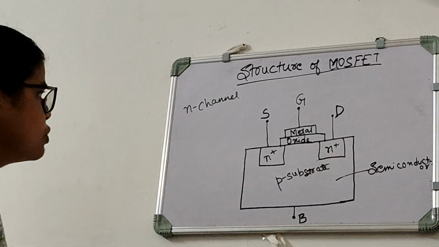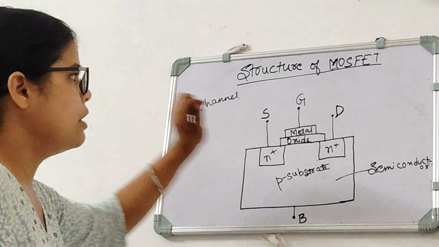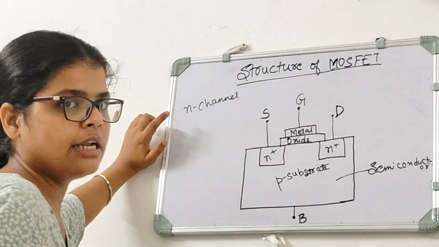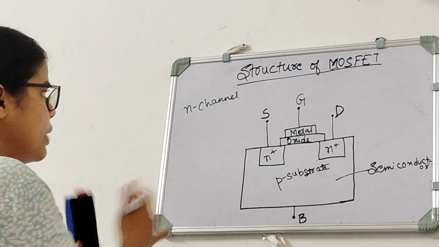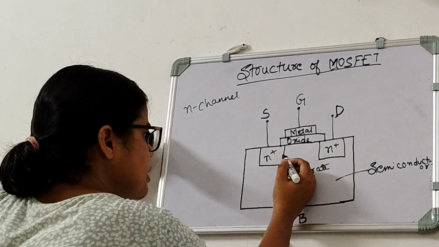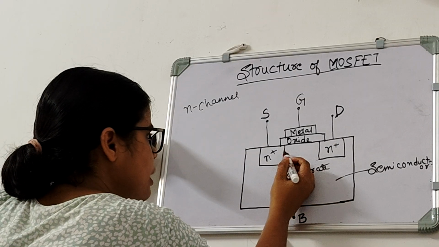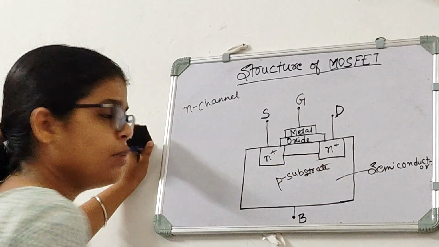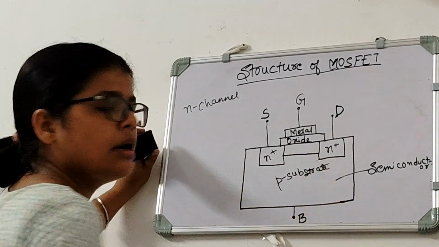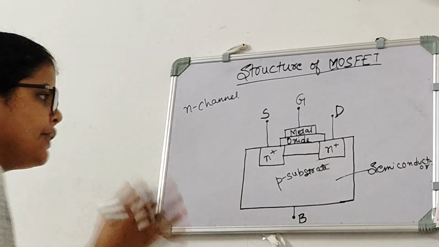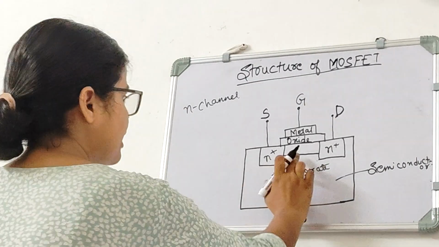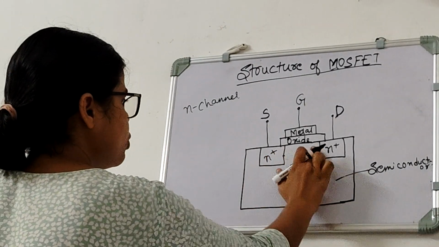Now, this is the structure of MOSFET which is of N channel type, and also it is enhancement type MOSFET. Why? Because there is no channel between source and drain. If it is depletion type MOSFET, there is a channel between source and drain. But if it is an enhancement type MOSFET, there won't be any channel between source and drain.